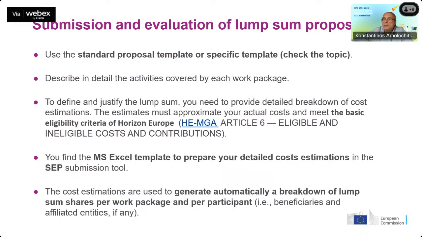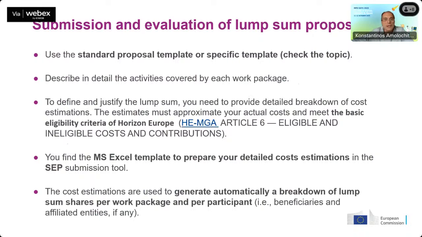Now, one other important aspect for the lump sum is to use the standard proposal template or the specific template. What do we mean? We usually have the standard proposal templates, including the templates for the lump sum and the budget tables, but from call to call and topic to topic, we may have specificities, and according to them the template could be modified, requesting additional aspects.